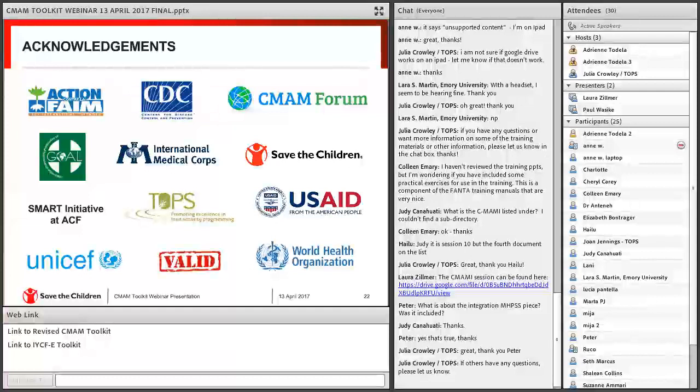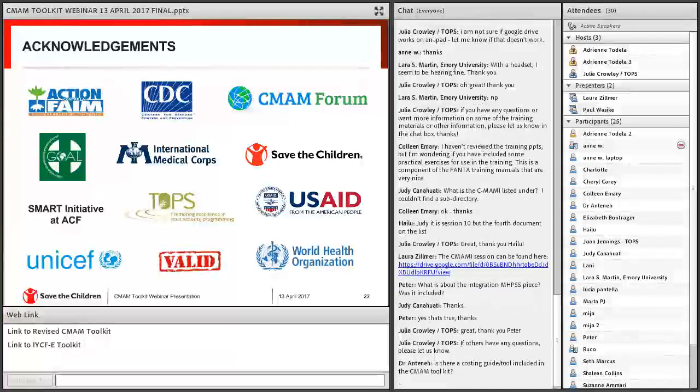So we had representation from SCF, but also the angle of using the smart materials from SCF Canada, I think should be mentioned. Then CDC as well, GOAL was with us.